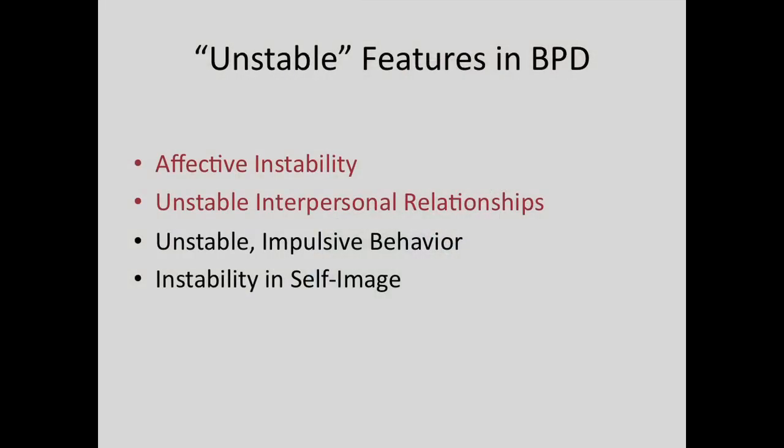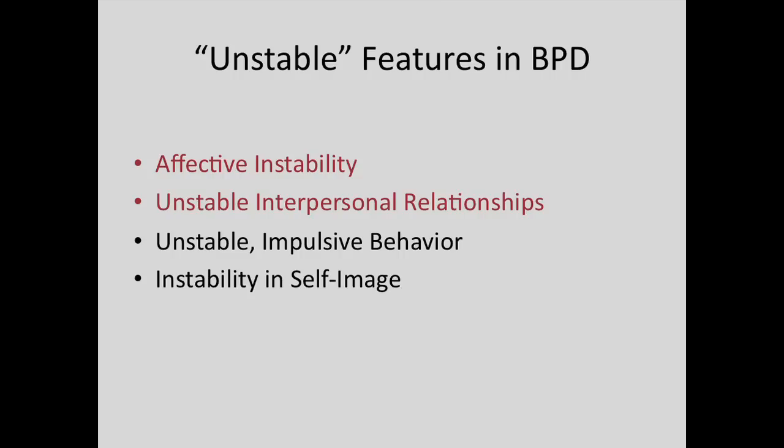Now, in some ways, it's a disorder of instability. There are four features here. You have affective instability. People's emotions change from hour to hour, moment to moment, and it's very unpredictable. You also see unstable interpersonal relationships. Even within the same dyad, there may be a different stance from one moment to the next.